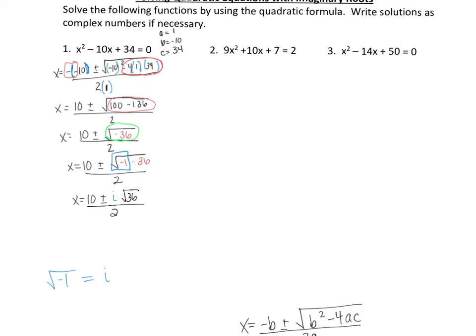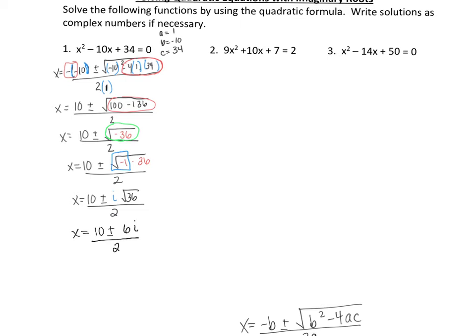And then my last step is simply to take the square root of 36. I know that the square root of 36 is 6, but I cannot forget to keep my i with it. Okay? And now I have my answer.